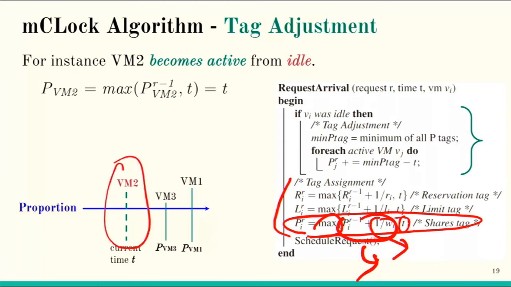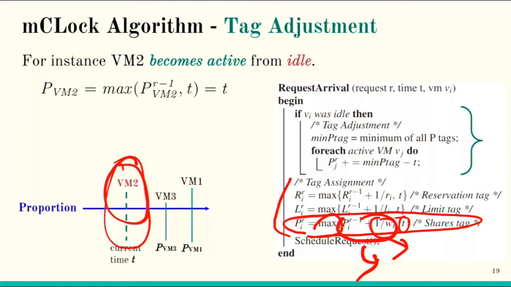Okay, so what is the consequence? The consequence, based on the algorithm we already discussed in the previous slide, is that we always choose the request with the minimum tag value, right?